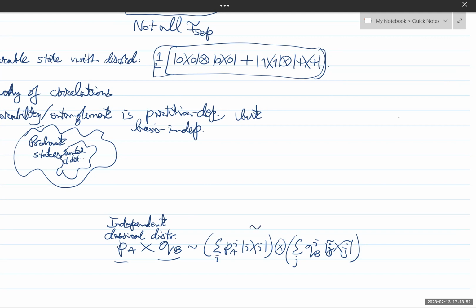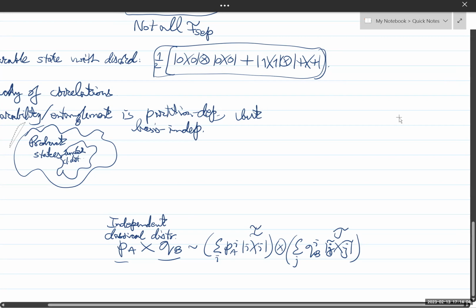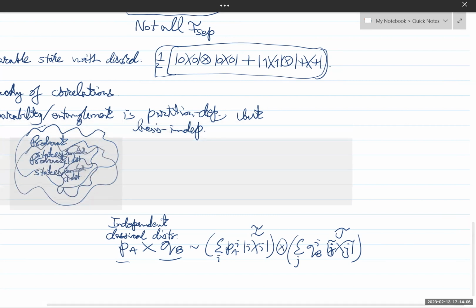Right. So that was my point at the beginning, that this sub-blob that you drew may be basis dependent, or if it's not basis dependent, then it's identical to the big blob. That's true. Yeah, that's a good point.